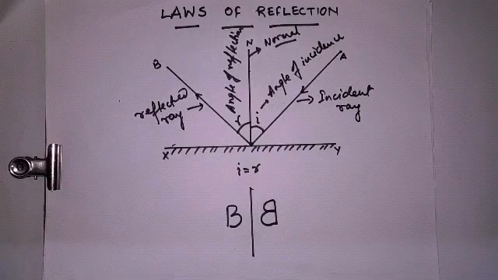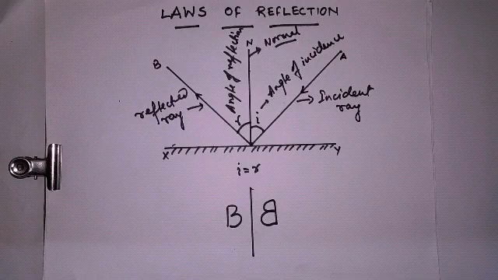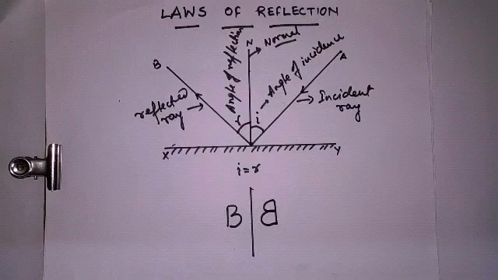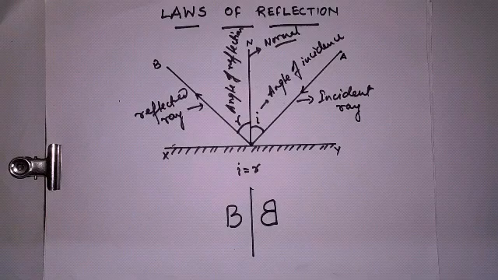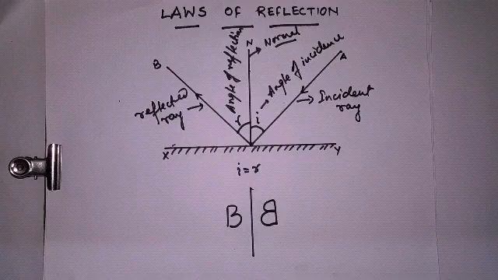That is, it will become 2 theta. And the mirror here should be rotated about an axis which is not normal at the point of incidence. But if the mirror is rotated about an axis which is normal at the point of incidence, then there will be no rotation of reflected rays.